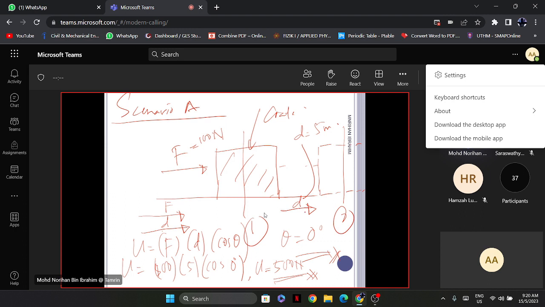Jadi daripada situ we can get the answer for this work of external force of F. So that is the first scenario: force vector, displacement vector, F and also D are in the same direction.